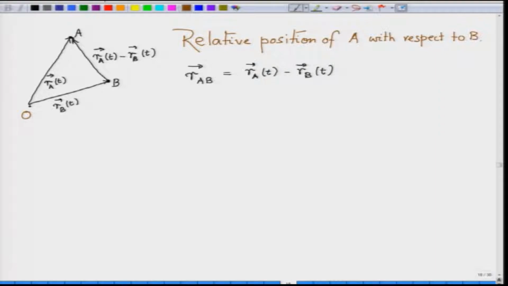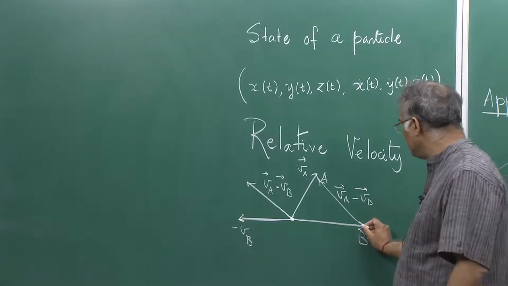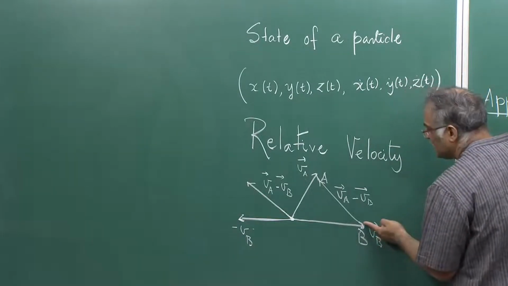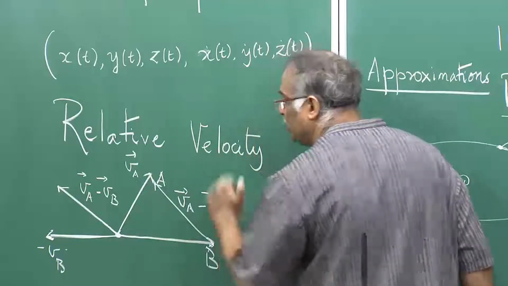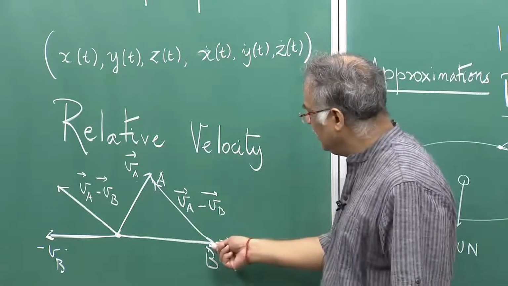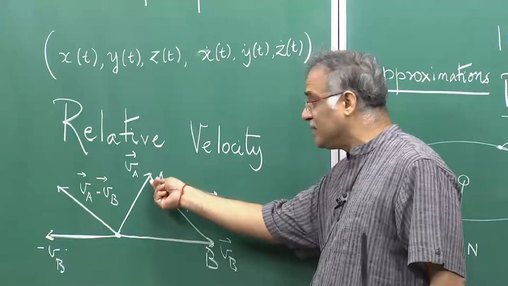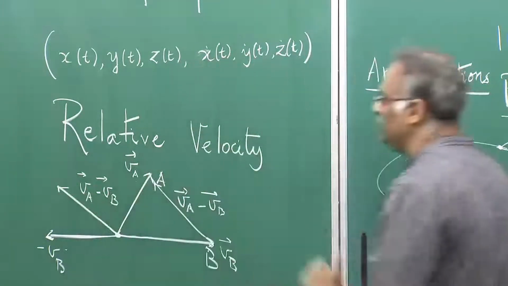So when you are talking about relative velocity, the whole idea is about making B the origin. If I make B the origin, B has now halted, and now how do I look at my ship A, in which direction is the ship A moving? If B is the origin, then it must be moving along this direction, which is exactly Va minus Vb.